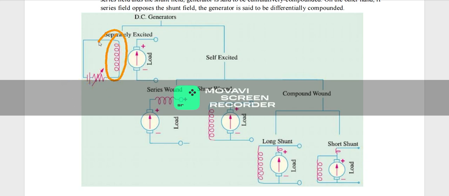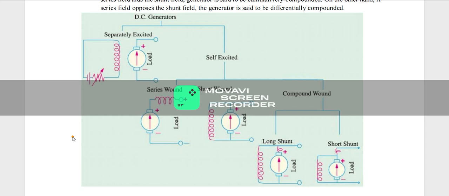This is the symbol of field winding RF, and this is the symbol of armature conductors. In this diagram, these two are the main parts of a DC generator, right? It is very clear that the field windings are excited separately using an external DC supply. Normally it is a battery source.